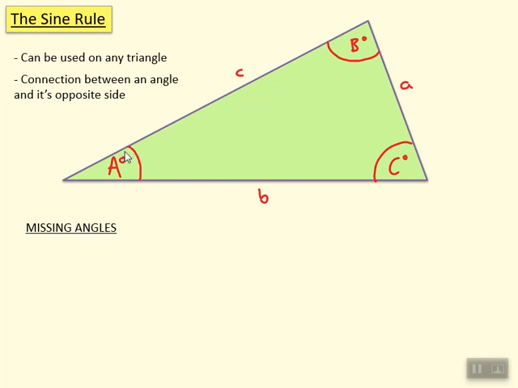Okay, so if I take any one of these angles here, and work out sine of that angle, so this is why it's called a sine rule. Remember, sine is that button on the calculator, SIN.